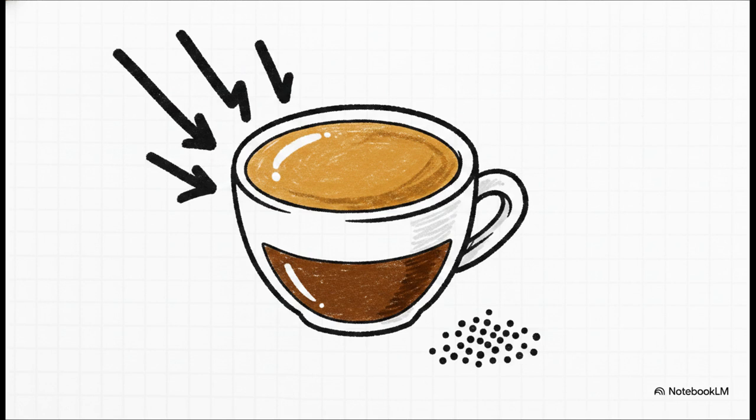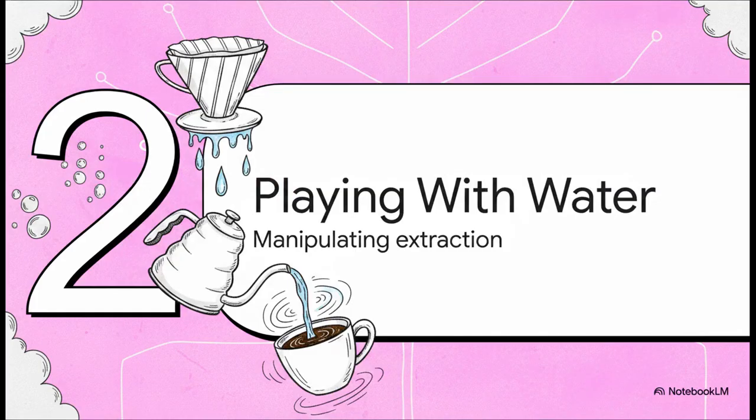But visually, the absolute hallmark of a properly extracted espresso is that beautiful, distinct layer of golden crema resting right on top. That crema is the visual signature of the high-pressure extraction, locking in all those rich aromas. Keep this in mind, because everything else we talk about today builds directly on top of this golden-crowned Italian-born foundation.